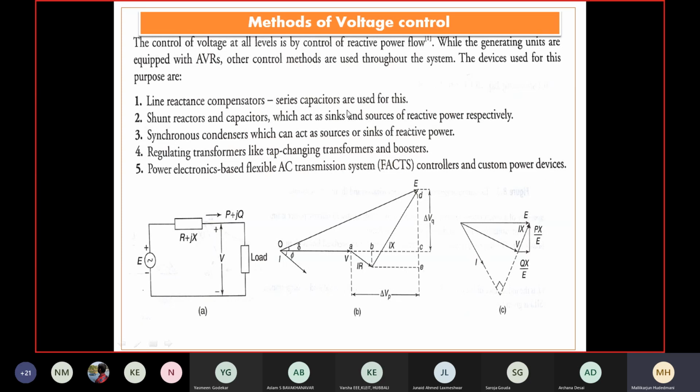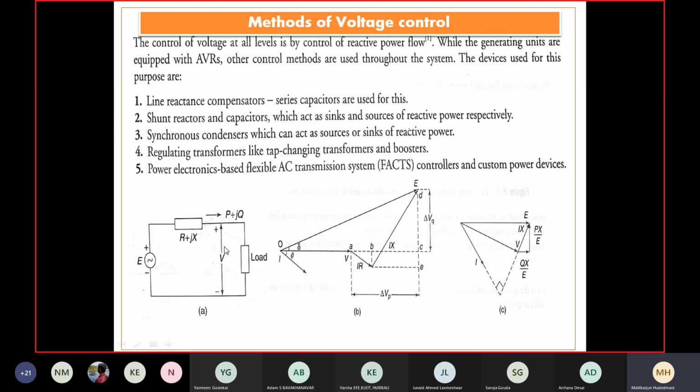So, just before closing our session, if I see a simple system, a single phase system, as we have seen earlier, a single phase representation of the three phase system, E and a load, with the internal path representation R plus jX, and a load here. So this is the load: the transmission line, the generator and the load at load voltage, with P plus Q as the delivery, whose vector diagram can be represented from the terminal viewpoint.